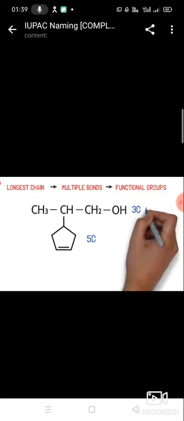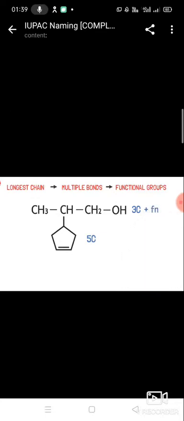So the longest chain you have to choose first, next the multiple bond you have to choose, next the functional group you have to select. Look at this compound, here OH is there, OH is a functional group. Again another cyclic compound is there with a double bond. That is 5 carbon, so pentene, and OH is a functional group.